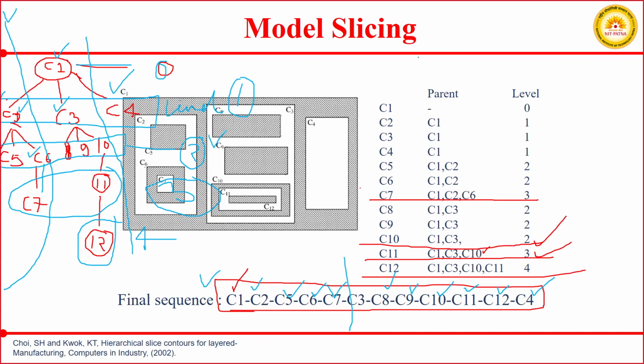Maybe before sequencing, you might have written them in this format like C1, C2, C3, C4, C5, C6. But the final sequence will be C1, C2, C5, C6, C7, C3, C8, C9, C10, C11, C12, and C4.